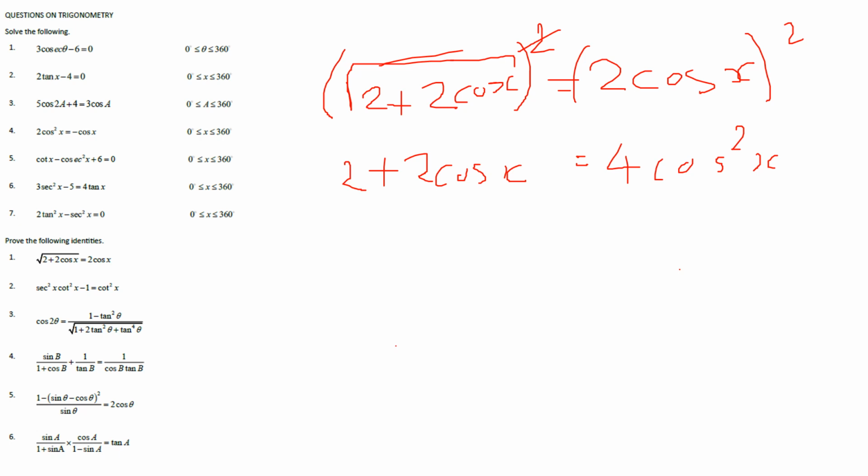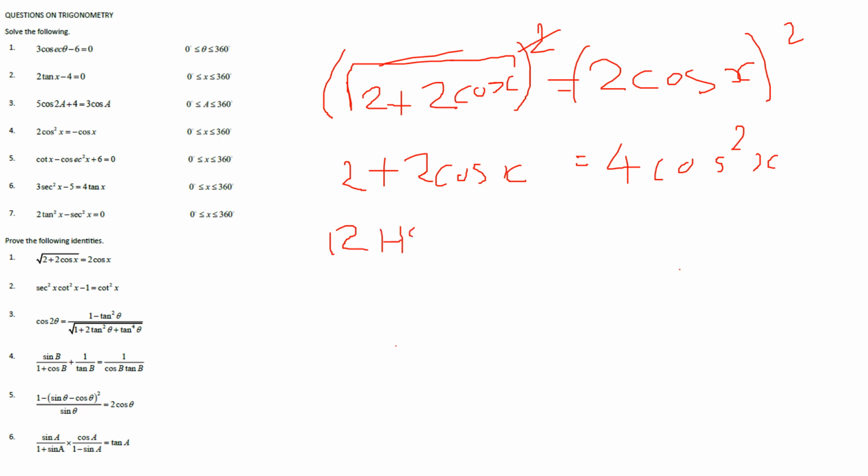Okay, so if it is like this, I can now prove my right hand side can be equivalent to my left hand side, because on this side there's nothing that I can do, or maybe I can take out a common factor, but I don't have a lot of things to do here. So I'm just going to solve my right hand side.